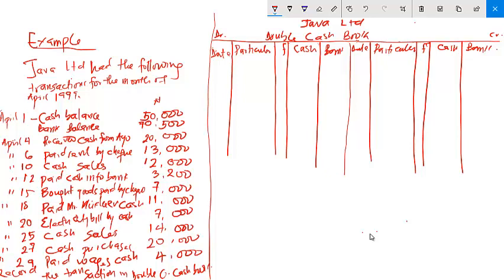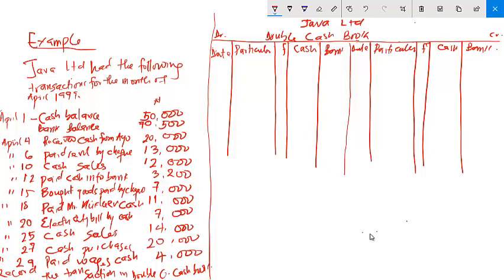As at April 4, the business received cash from Ayo, probably our debtor, of 20,000 naira. Then by April 6, the business paid rent by check, 13,000 naira. By April 10, we have a cash sale worth 12,000 naira, and as at April 12, we have cash paid into the bank, which is 3,200 naira.